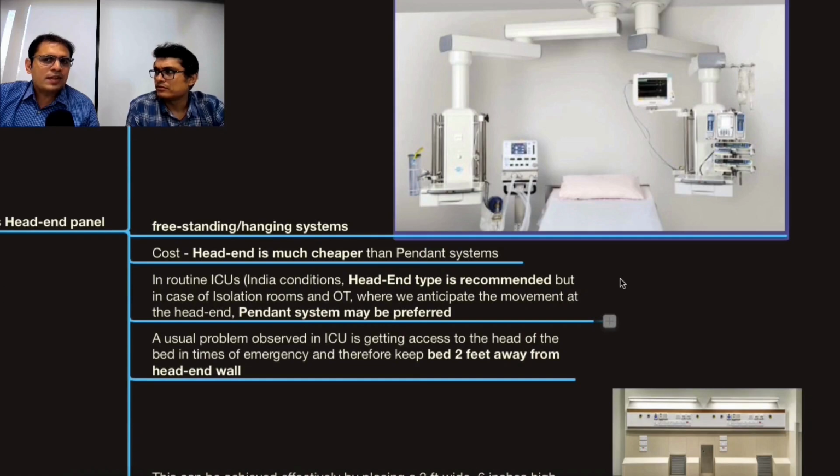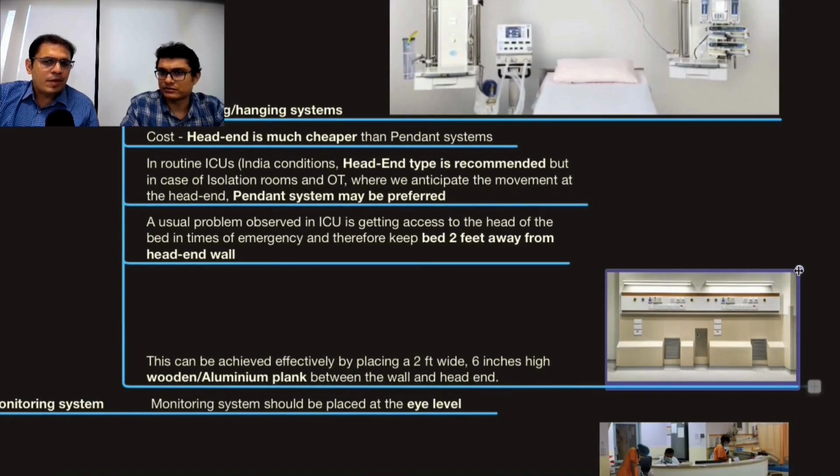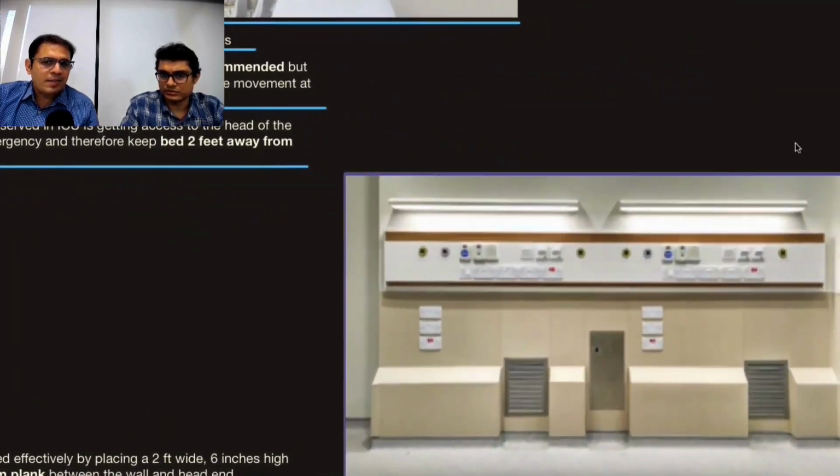Only in the isolation rooms or the OT, where we have a lot of work at the head end, like anesthetic movement and intubation of the patient, is it recommended. Otherwise, the head end panel will work very well with normal cases. If the head end movement is restricted, then we can put a 2 feet wide, 6 inches high aluminum or wooden plank, which gives some space at the head end so that the bed is not directly touching the wall.